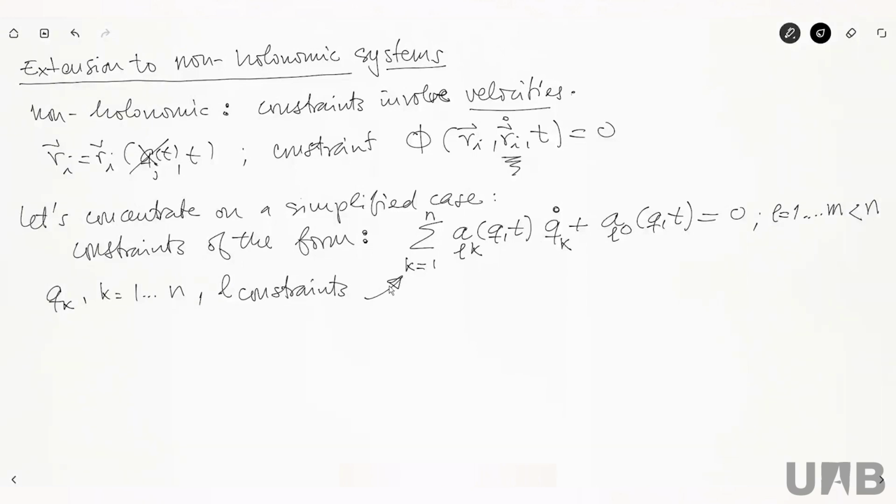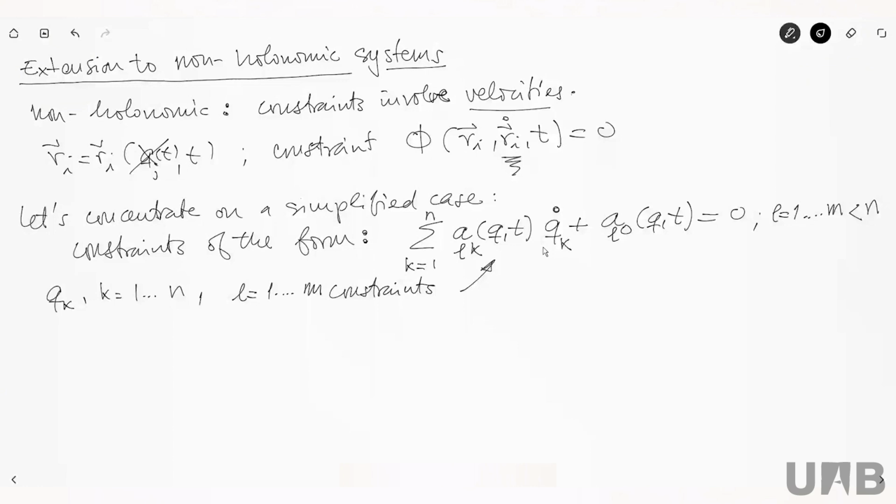What I mean is that I have L equals 1 to m constraints, like this. Okay, so now I have a constraint, actually m constraints, involving the velocities q dot. What do I do about that?